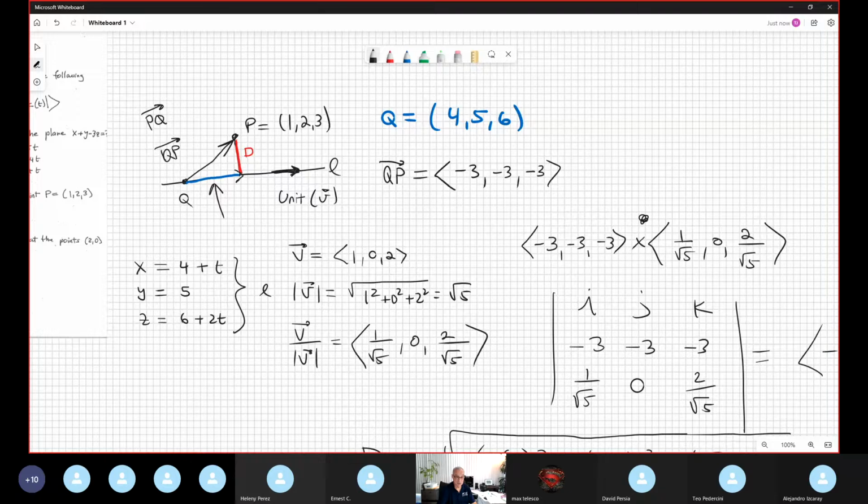And this is the horizontal projection. And you subtract QP minus this horizontal projection. It gives the vertical projection.